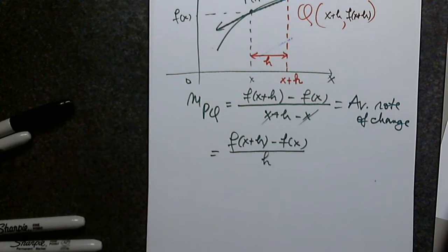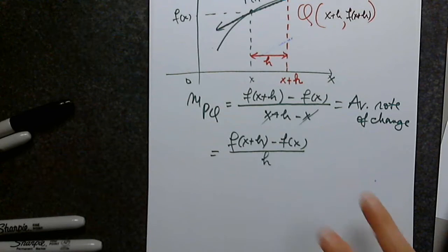So the slope of the tangent is the instantaneous velocity, rise over run, and also the instantaneous rate of change at that point. Slope of the tangent, instantaneous rate of change, or instantaneous velocity, depending on what the function is all about.